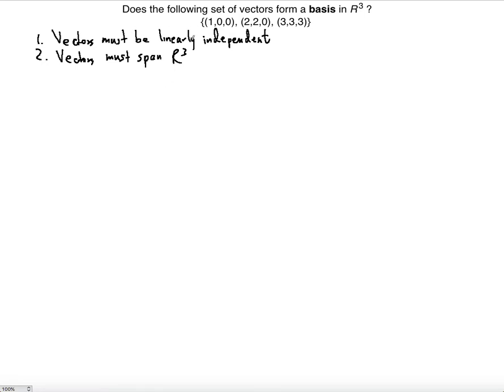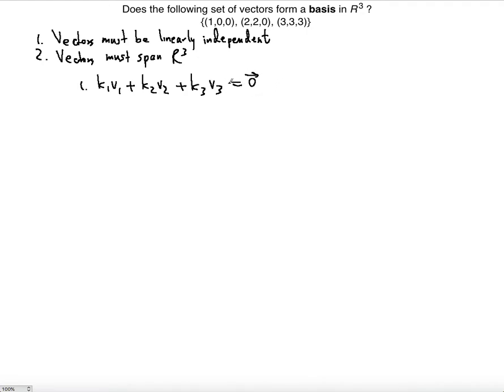So in order to show that vectors are linearly independent, we need to have that k1 v1, where v1 stands for the first vector here with the three components 1, 0, 0 multiplied by the scalar k1, because that's applicable to the first vector, plus k2 times the second vector (2, 2, 0) plus k3 times the third vector (3, 3, 3) is equal to the 0 vector.